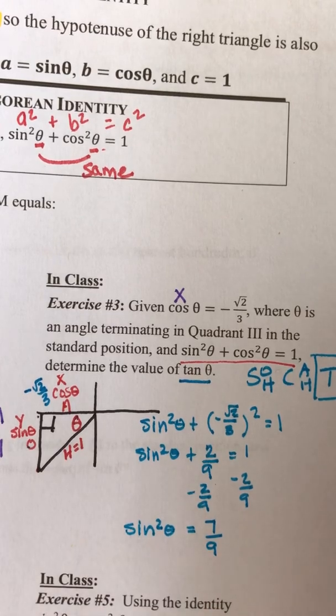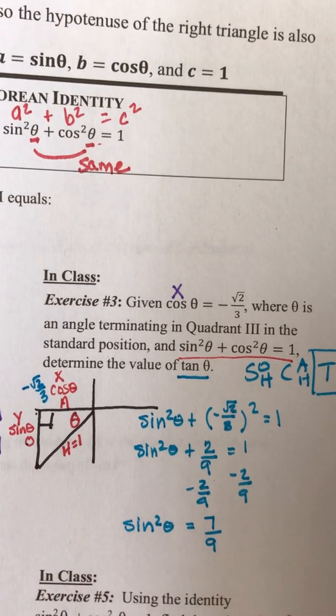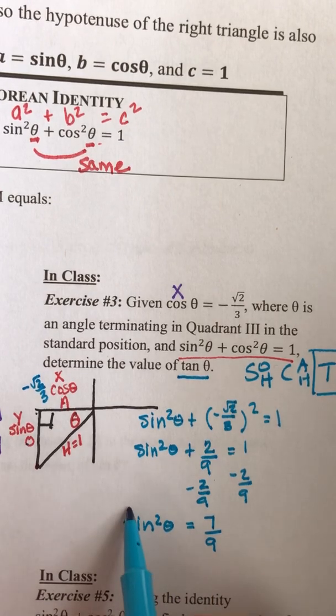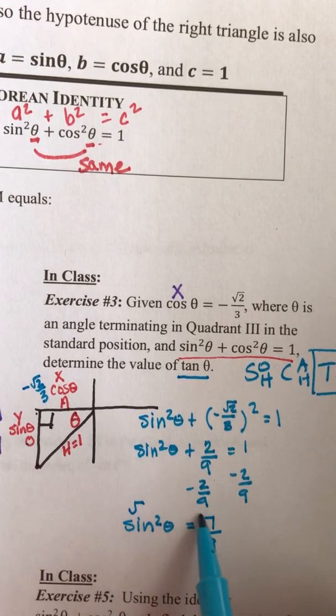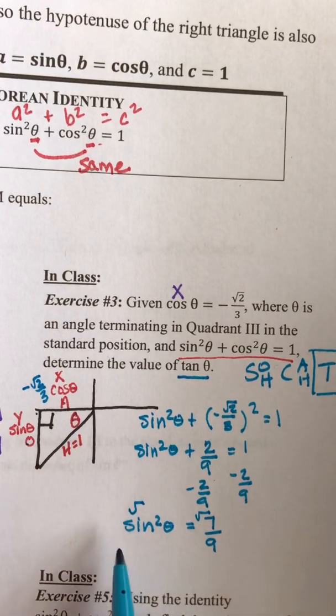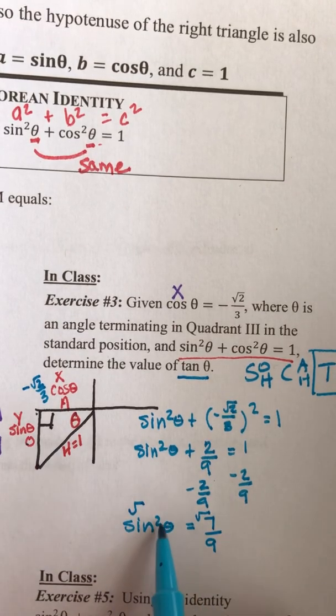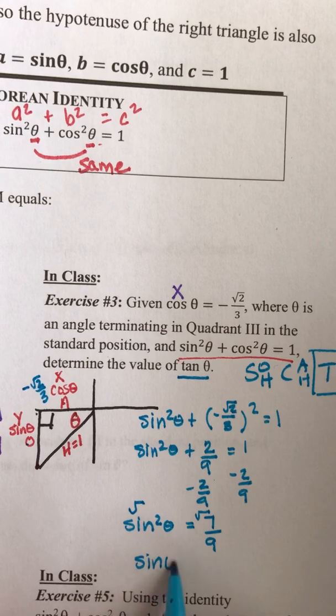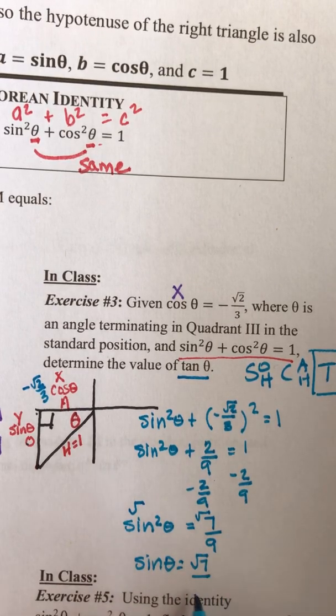Okay? So sine squared is 7 over 9. To undo the squared, I'm going to take the square root of this side, and if I take the square root of this side, I need to take the square root of that side. So over here, the square root of sine squared is just sine. And when you take the square root of a fraction, take the square root of the top, that's square root of 7, and you take the square root of the bottom. Square root of 9 is 3.